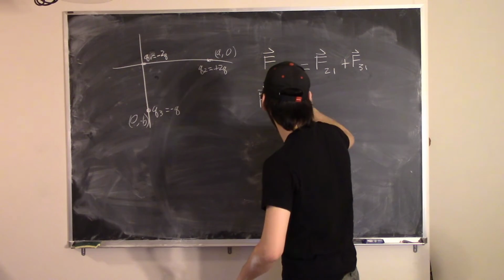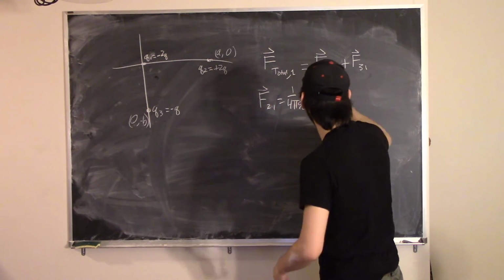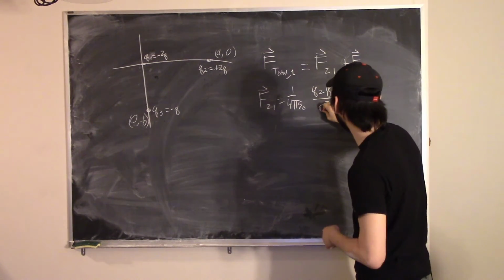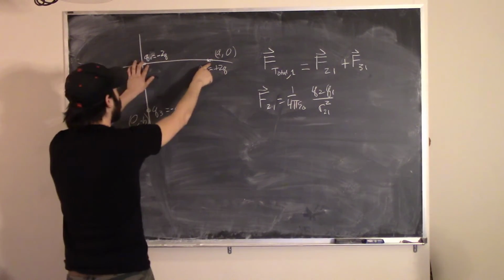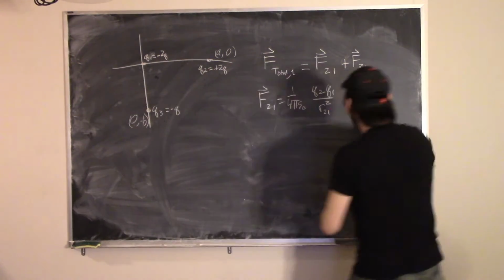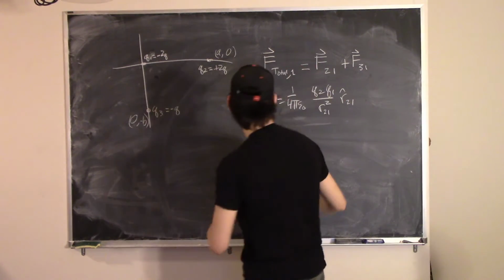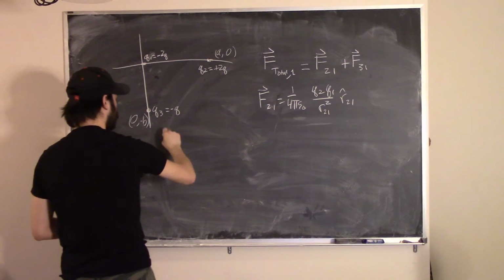In order to do that, to start we say that F21 is equal to 1 over 4 pi epsilon naught Q2 Q1 divided by R squared, and I'll put another index here, so this is R21, the distance here, times R hat 21. Because I want to work right below this, I'll put the other one over here.